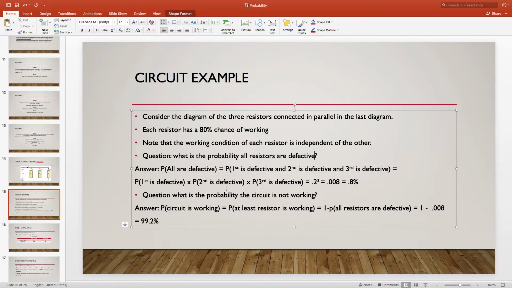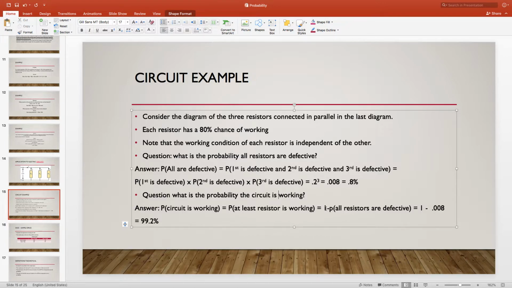Now I'm going to ask you, what's the probability the circuit is working? The probability the circuit is working is the probability at least one resistor is working, so that electricity can get from point A to point B. And that's going to be 1 minus the probability of the complementary event.